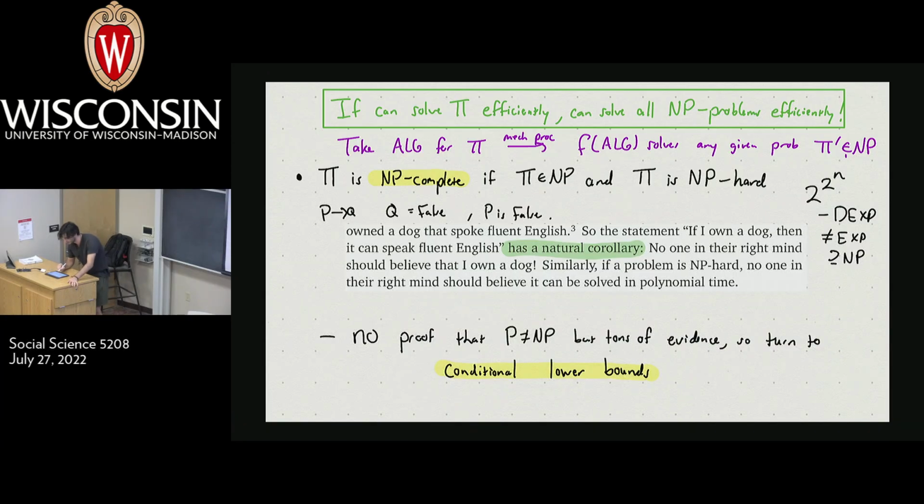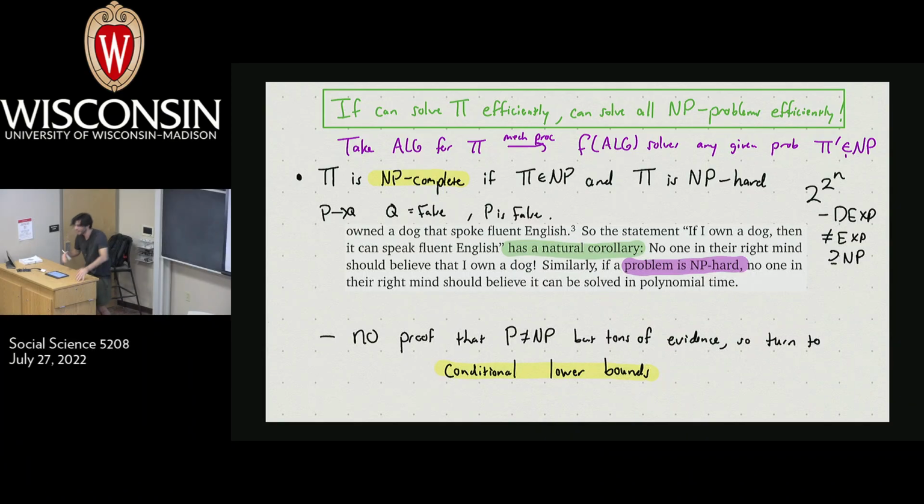But you can just think of this intuitively, right? If I said I own a dog, then I can speak English, then you probably don't think I have a dog. That's more likely than me having a dog that speaks English. And so similarly, if a problem is NP-hard, you should not believe it can be solved in polynomial time.